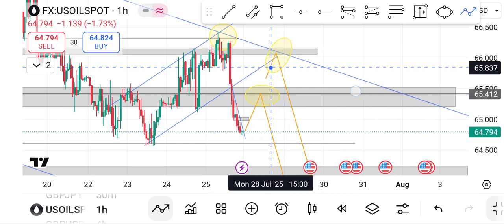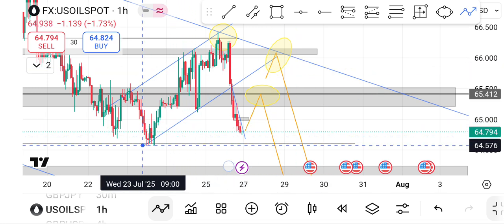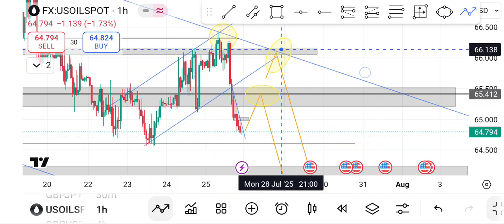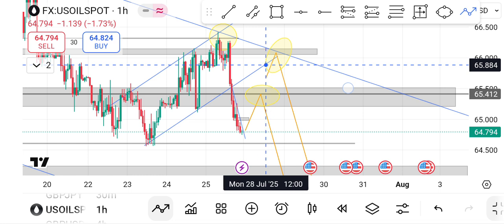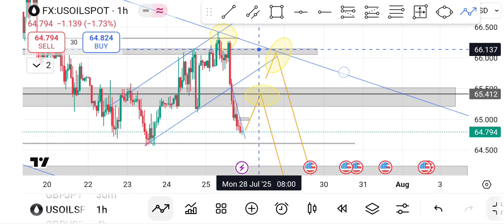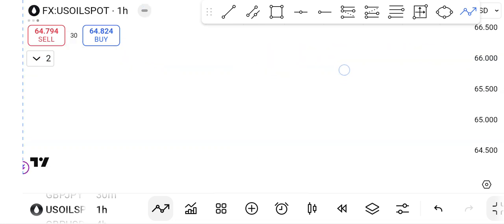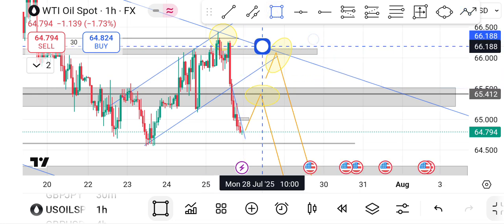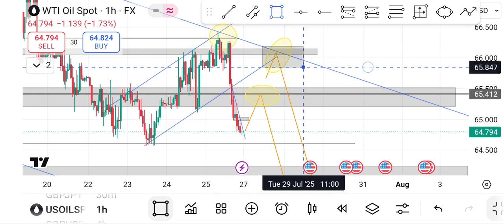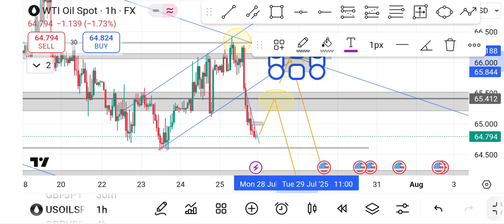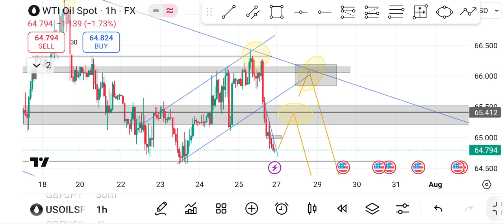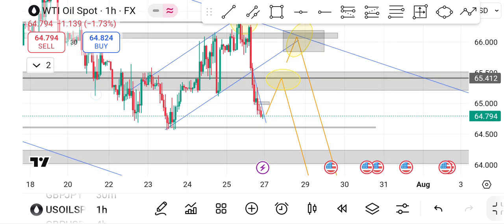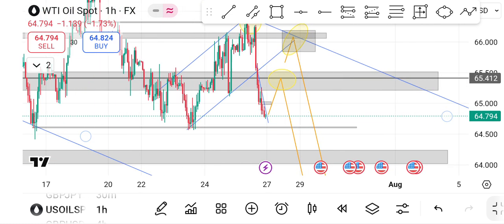This makes more confluences because it's retesting on this trend line, it's bouncing off this trend line, and it's rejecting off this area of resistance. So it makes a whole lot more sense to take the trade off this area, but there's a good possibility that the market might not even reach that place. So we're just going to be taking the trades only where we see rejections from.